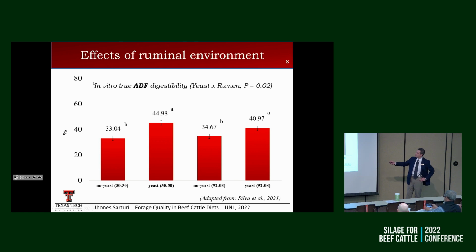It showed that technologies might be having an effect regardless of the ruminal environment. This kind of corroborates the data where we were feeding animals a steam-flaked corn-based finishing diet with a small amount of roughage inclusion and still had improved fiber digestibility, so some opportunities there.